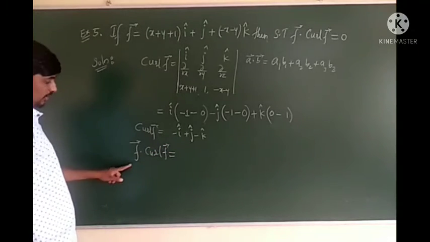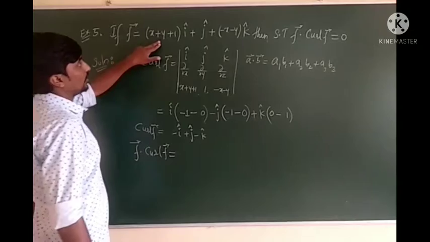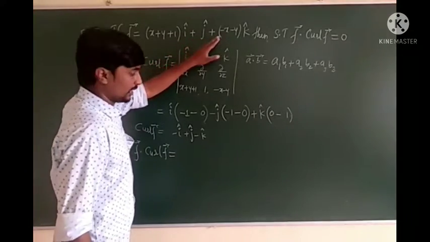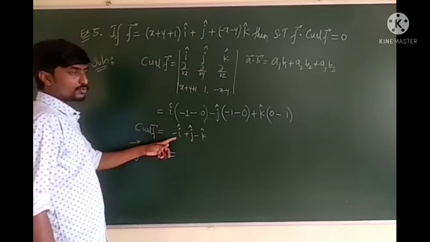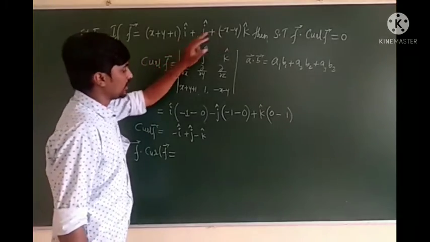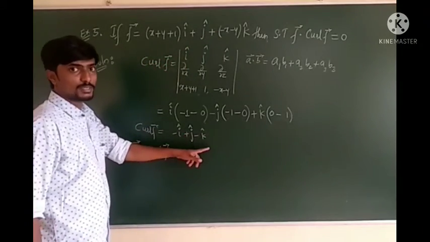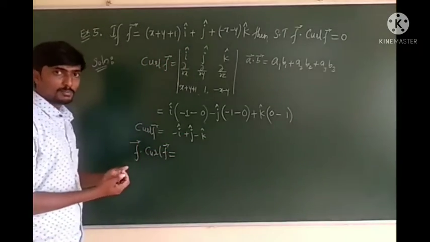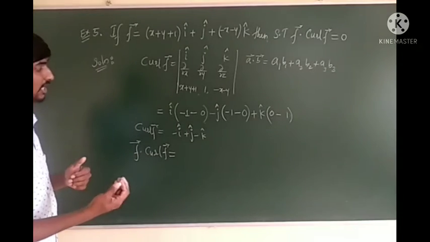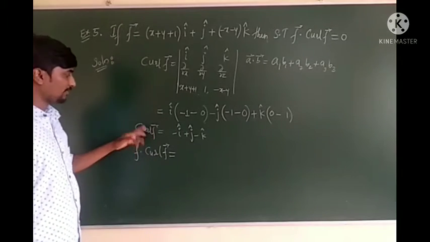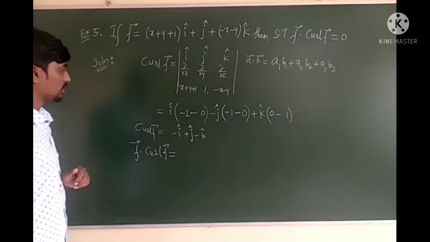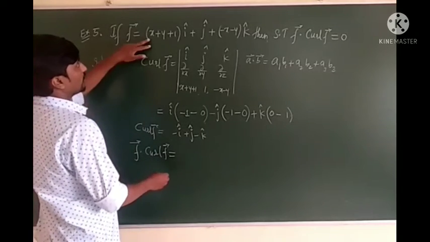So this is f1, f2, f3, and here we have another vector, likewise a1, a2, a3 and b1, b2, b3. We have to multiply the coefficients of i, j, k from the vector f and from the curl of the vector. Now what is the a1 value?